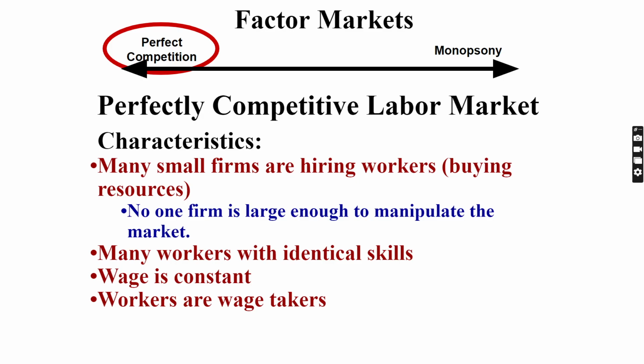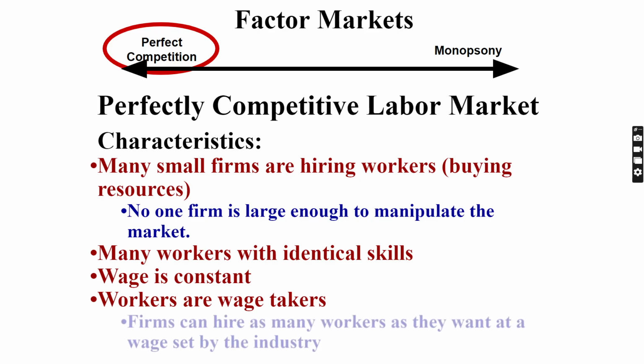And because the wage is going to be set by a perfectly competitive free labor market, workers are going to be wage takers. Which means that they are not going to have a say over the wage that they are paid. But on the flip side of this, firms will also be wage takers in a way, because they will have to pay the wage that the market sets to their workers.